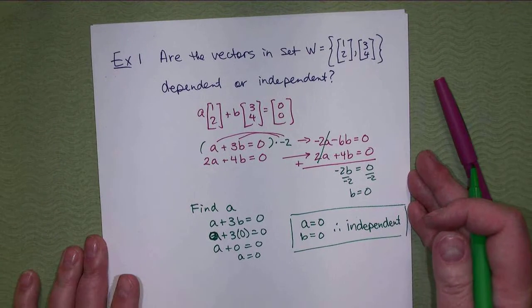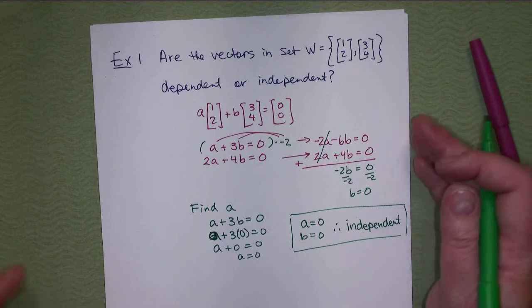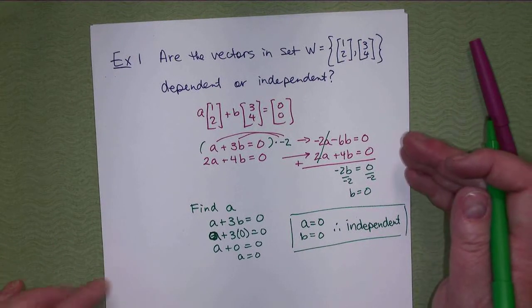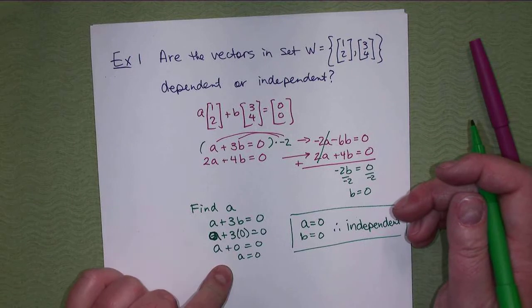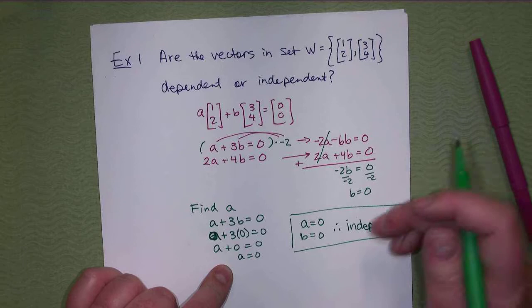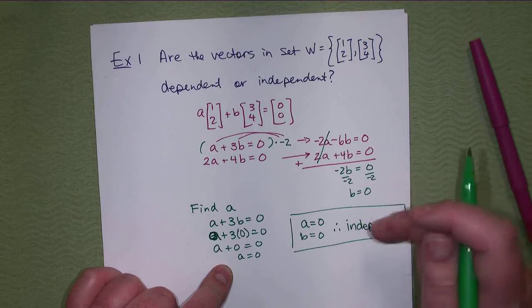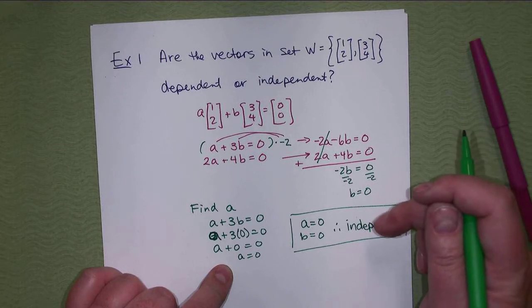That's what will happen if it's independent: you get the answer 0. And in fact, did we really need to do this? No. Now, if it was in R3, and you get one of them as 0, that doesn't mean all of them are 0.